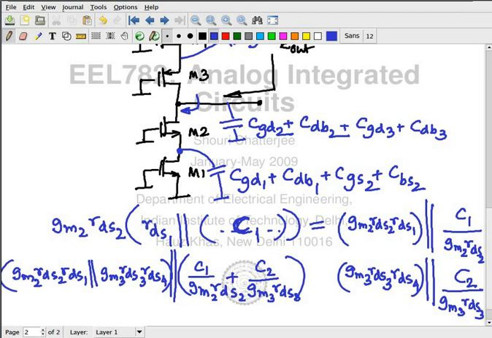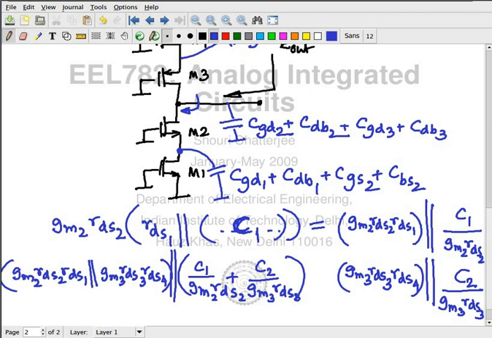Right. So that is the catch here, that I have used a crucial approximation: gm2 rds2 rds1 plus rds2 plus rds1 is approximately equal to gm2 rds2 rds1. When you do it that way, you will actually come up with more poles. In reality, there are indeed more poles.